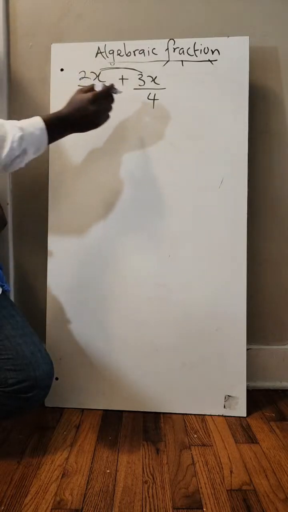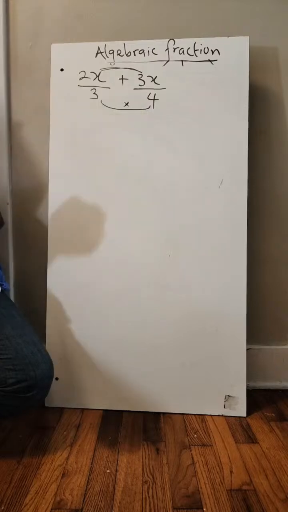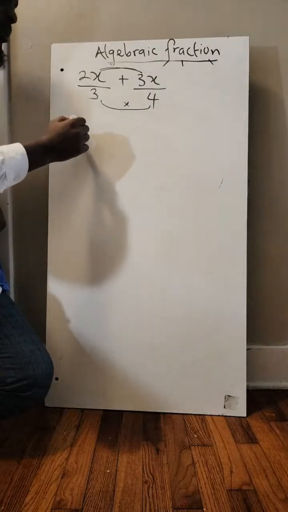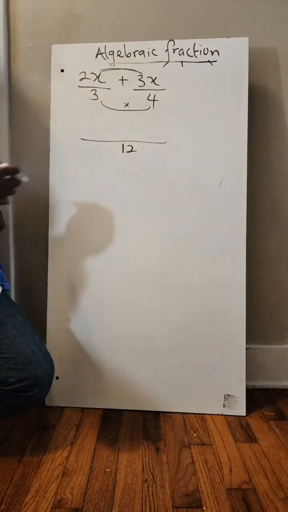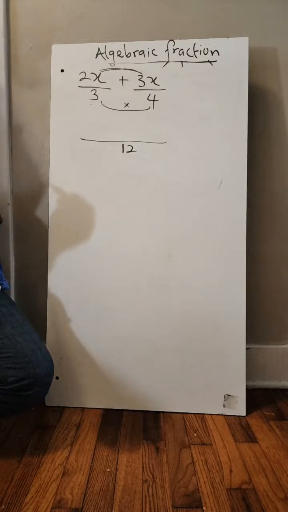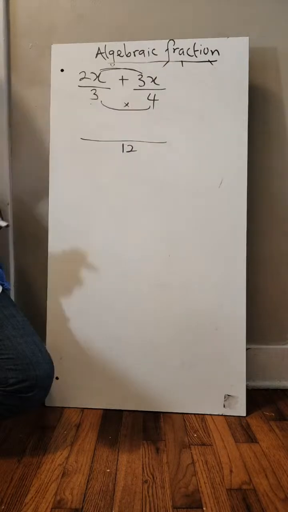The rule says that you multiply the denominators together. 3 multiplied by 4, we have 12. Multiplying the denominators together, and you're going to cross multiply.